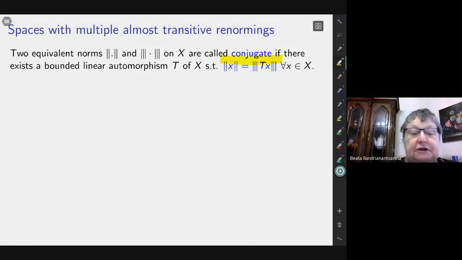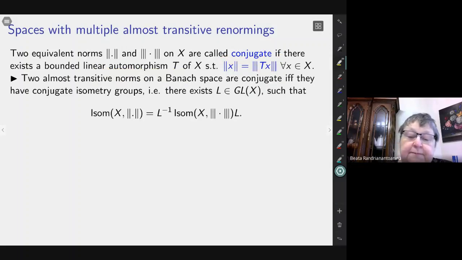One could just take a bounded linear automorphism, meaning a surjective linear mapping of X onto X, and just move my X somewhere and say, okay, my new norm is just the original norm of the image, right? Here I kind of use the norms maybe in a non-standard way. So that is kind of cheating. It's really the same norm as the original, right?